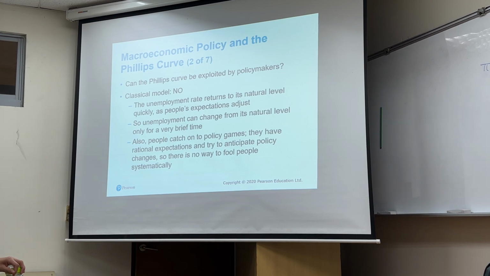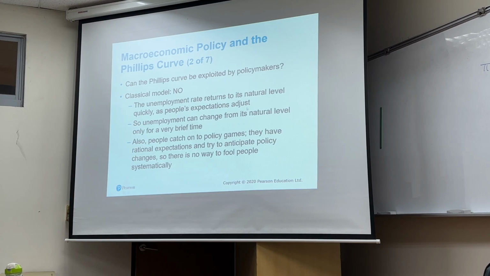I'm not going to get into all these debates, but basically, if you believe the market works perfectly, of course there's no way you can change people's behavior through any kind of manipulation, because you have people's expectations. So, let me read this to you. It says, the unemployment rate returns to its natural level quickly as people's expectations adjust.